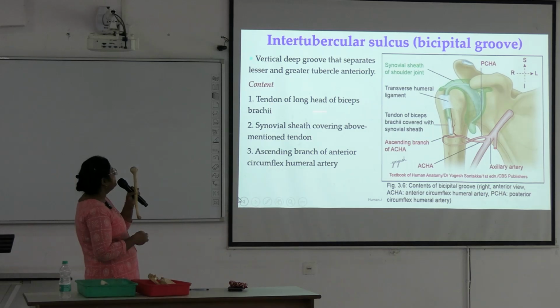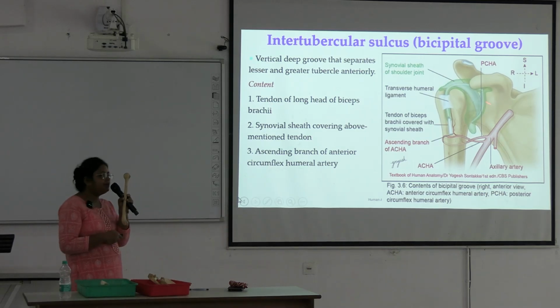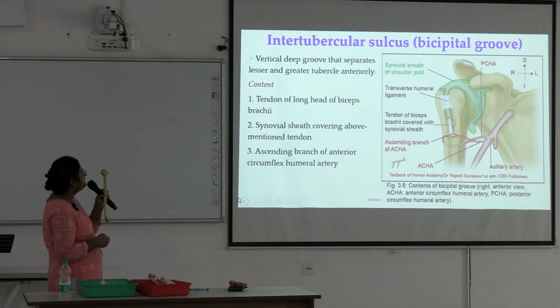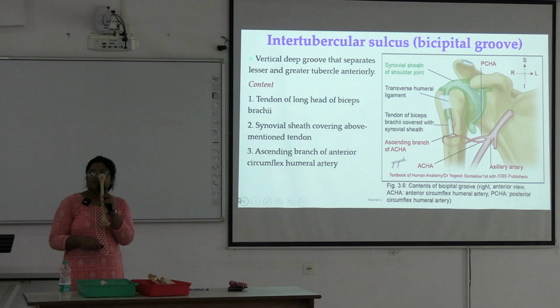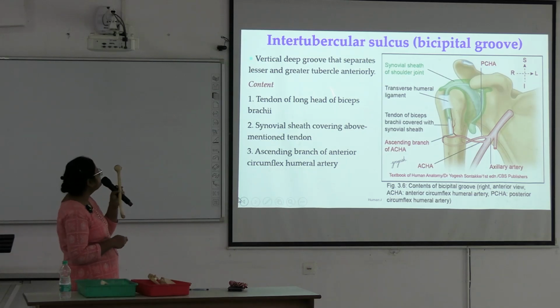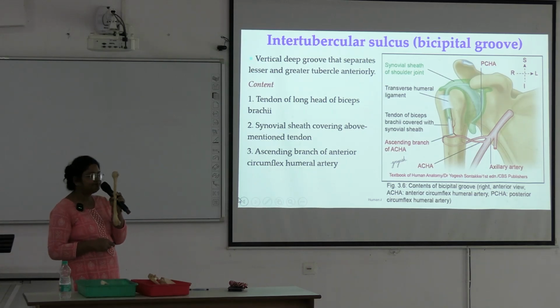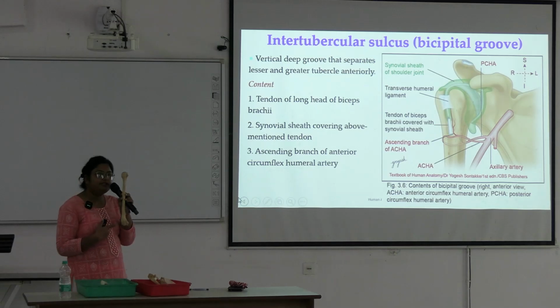Contents are tendon of long head of the biceps brachii, synovial sheath covering the above mentioned tendon, and ascending branch of anterior circumflex humeral artery. So these are the contents of the intertubercular sulcus. This is very frequently asked.